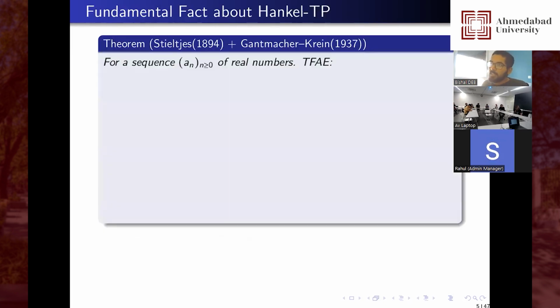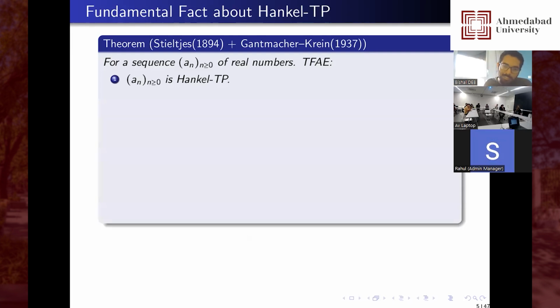So now let me mention this fundamental fact which characterizes Hankel total positivity. It's a theorem due to Stieltjes, combining results of Stieltjes and Gantmacher and Krein. I'll give you some statements, and all of them are equivalent.